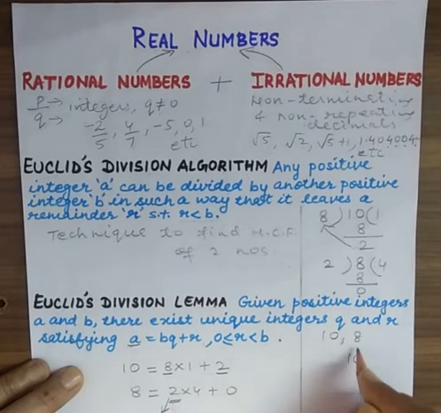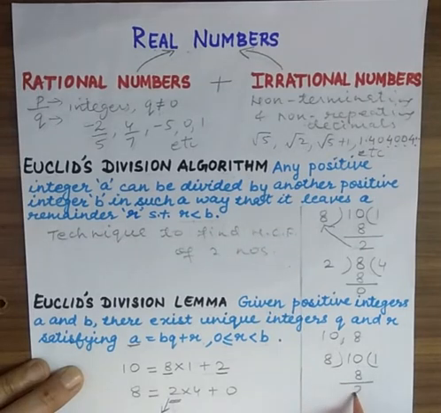We write the larger number as dividend and the smaller number as divisor, and we divide. 8 ones are 8. 2 is the remainder. Now this remainder becomes the divisor and the previous divisor becomes the dividend. 2 4s are 8. We got the remainder 0. So the last divisor in this process is 2. So that is the HCF.